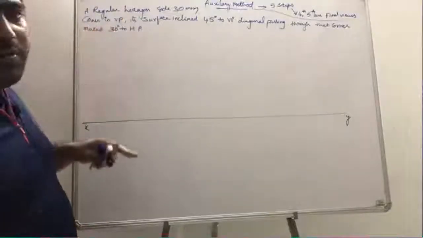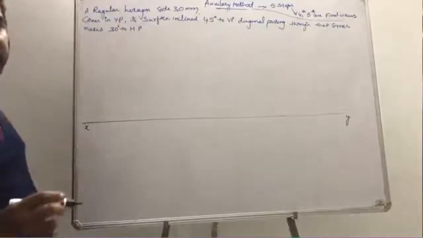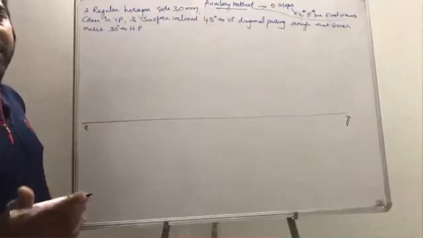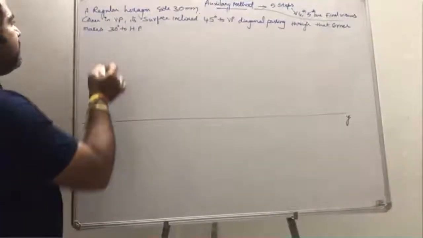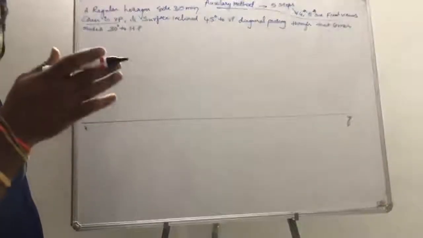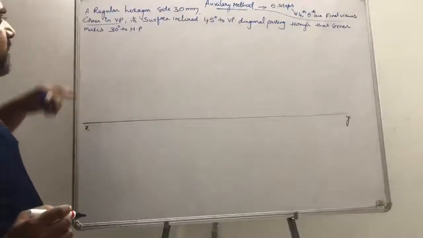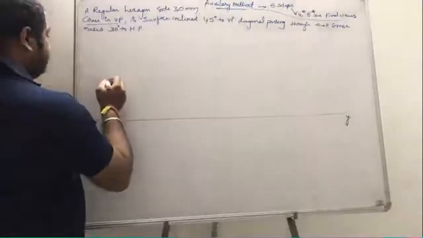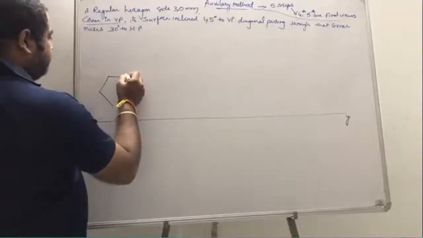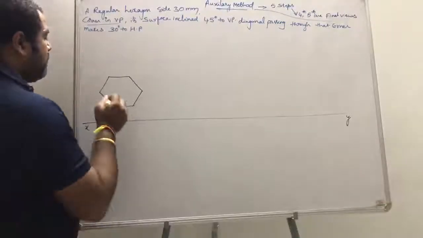So it is a corner problem, so I am starting from the corner. One of the corners in VP means, let us assume in simple position your plane is resting on VP. Why? Because if it is only parallel to VP, the condition is not satisfied. When you put your plane surface on the vertical plane, then only your condition is satisfied.